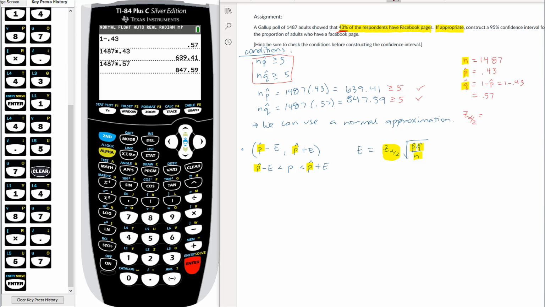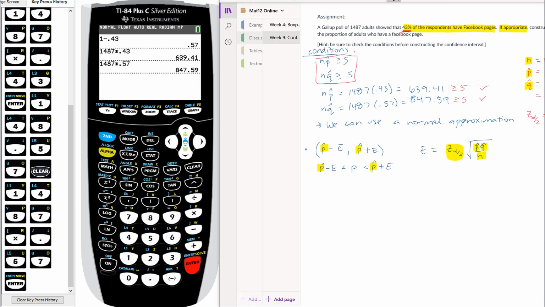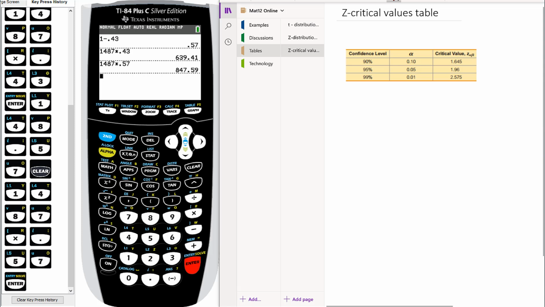For z sub alpha over 2, we have one of two options. We can use the confidence level of 95% along with the critical values table. That means I can use this part of the table to give me a critical value of 1.96.